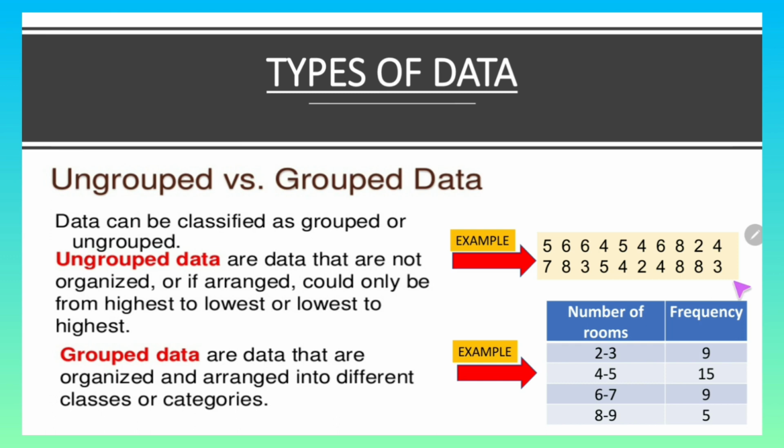Okay, this is an example of ungrouped data. We also have here grouped data, which is data that are organized and arranged into different classes or categories. Usually we present the grouped data in table form.